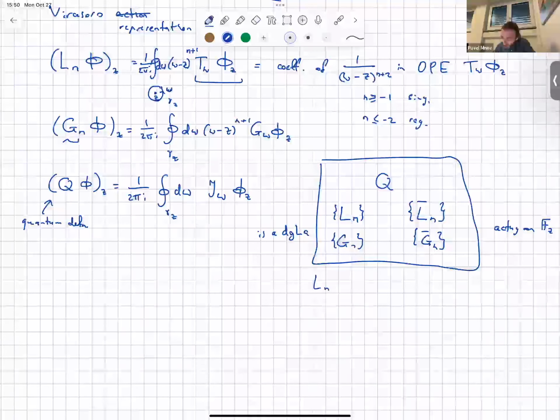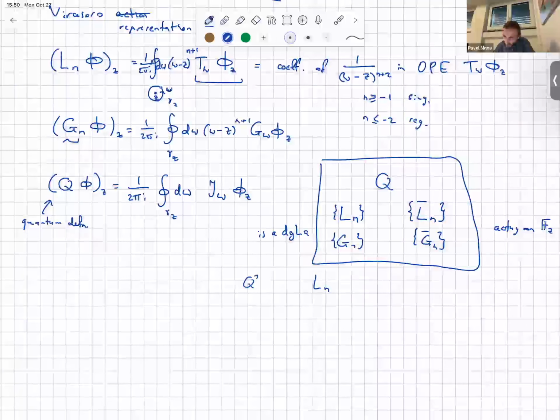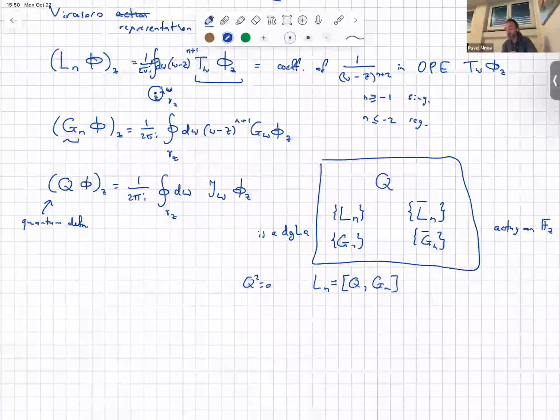A very important property: there are certain relations here, in particular the Virasoro relations between the L_n, and Q squares to 0, or anti-commutes with itself if you like. But very importantly, you also have the relation that L_n is the anti-commutator of Q with G_n. So Virasoro generators are Q exact in this theory. And that's a property of TCFT, topological conformal field theory.